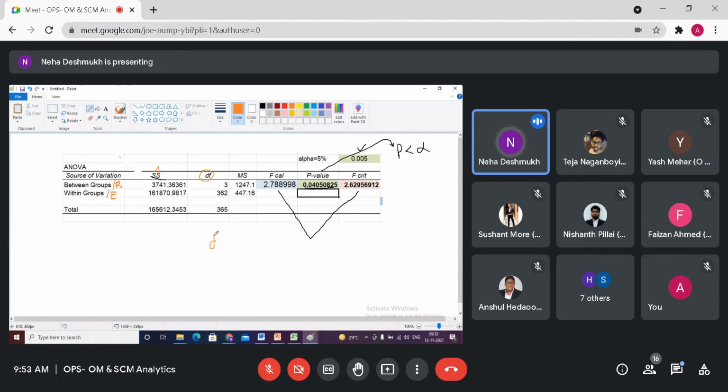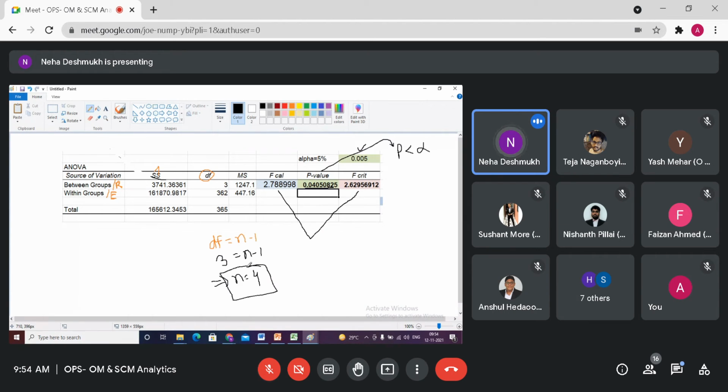The formula for DF is n minus 1. What is the value of DF here? 3, right? So what should be the value of n? n is equal to 4. It means there are 4 samples in the given case study.